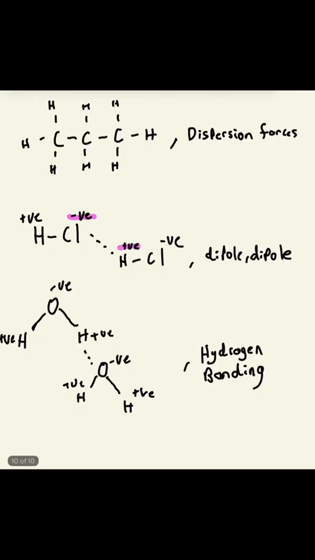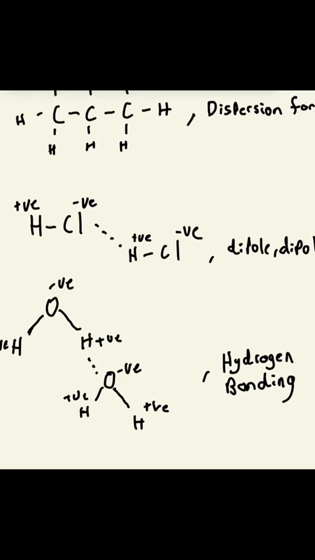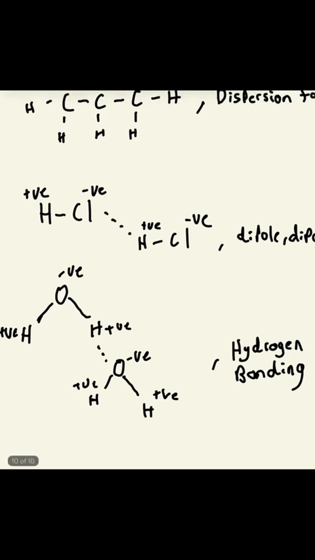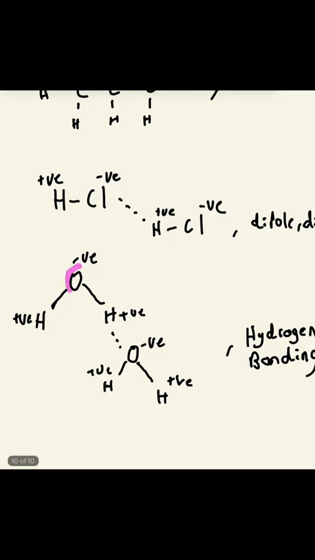Now, if we look at hydrogen bonding, it's very similar to dipole-dipole interactions, but it occurs when hydrogen is bonded to a highly electronegative atom, such as nitrogen, oxygen, or fluorine. Like for this one, we can see that there are two water molecules, H2O, but because oxygen has such a higher electronegativity than hydrogen, it's going to pull those electrons even closer towards the oxygen side, which means that this area is going to be even more negative compared to the hydrogen.